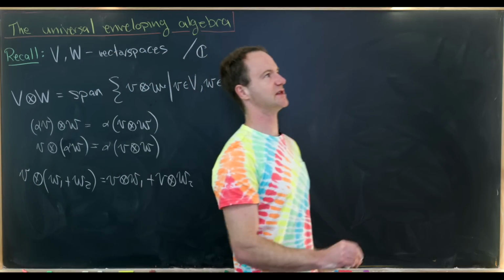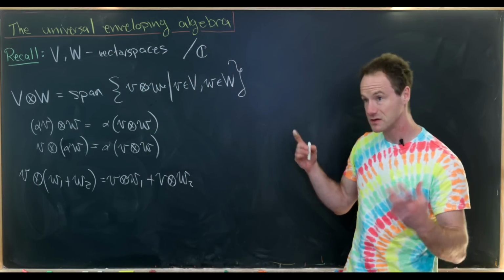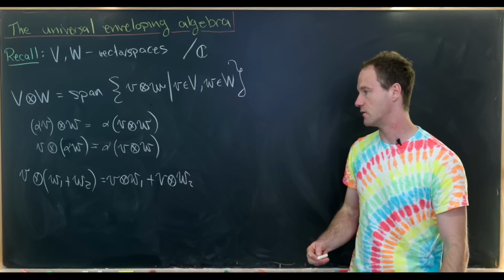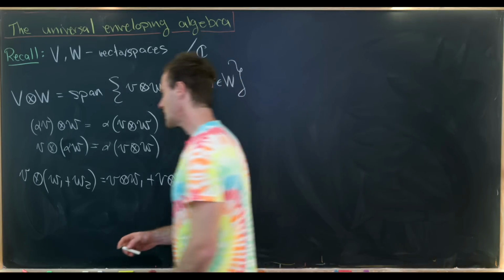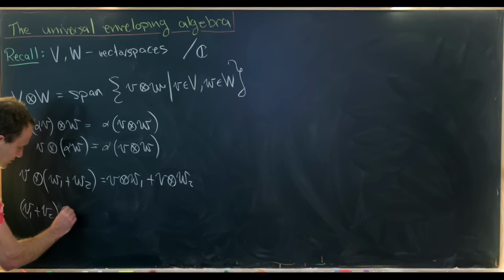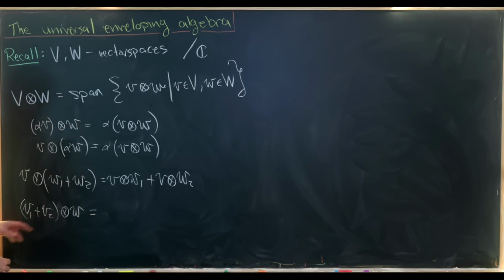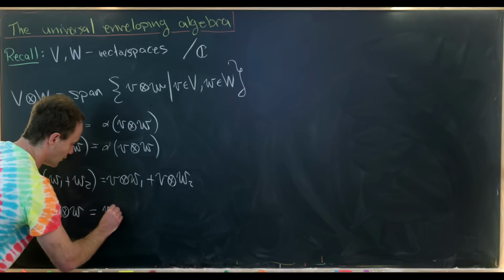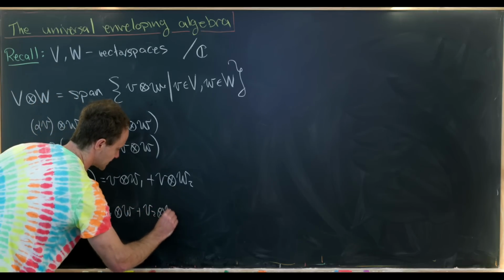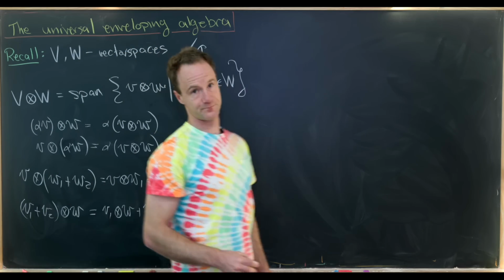So in other words, this tensor product multiplies over. That's not great terminology, but it distributes over the addition. And it distributes over the addition in the other component as well. So if we have v1 plus v2 tensor product with w, then that's going to be the same thing as v1 tensor w plus v2 tensor w.